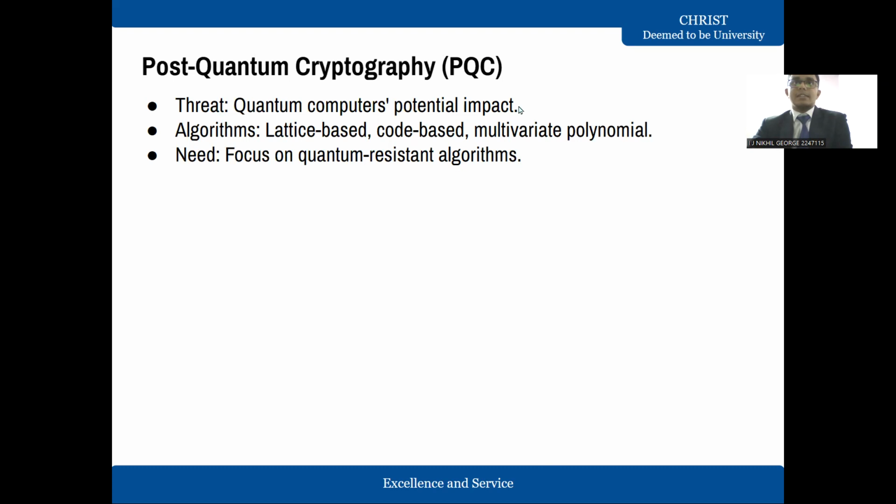As always, there are breakers, and if they get into the quantum computing realm, they're going to break all the traditional cryptography and the systems which run it. So to restrain that from happening, we have to adapt to post-quantum cryptography.